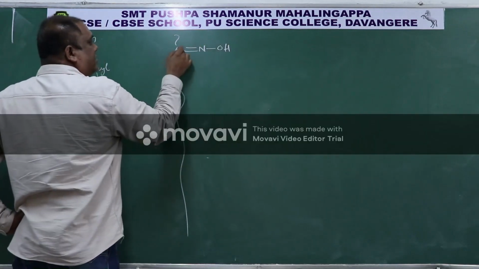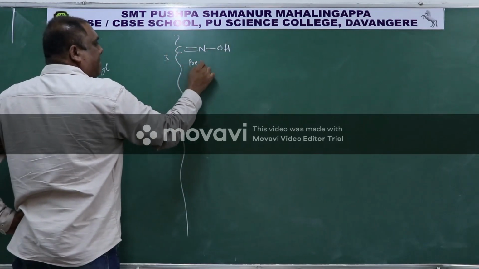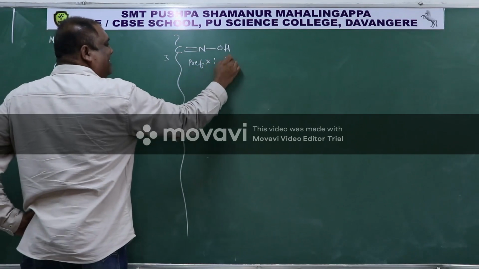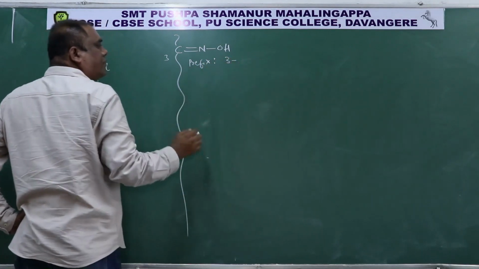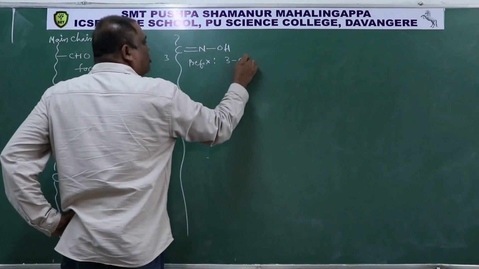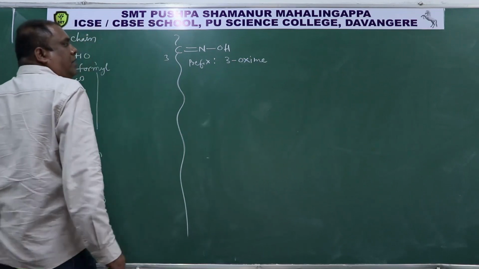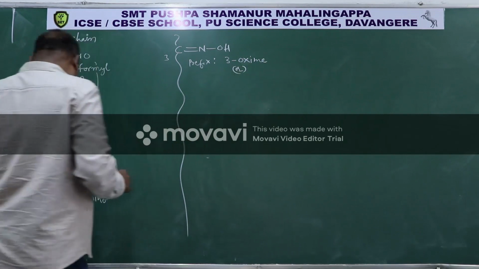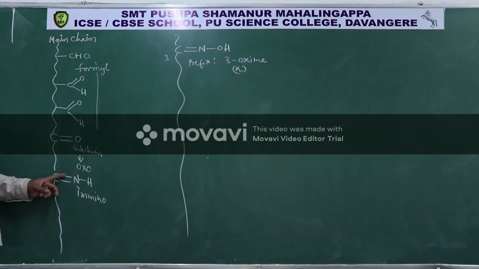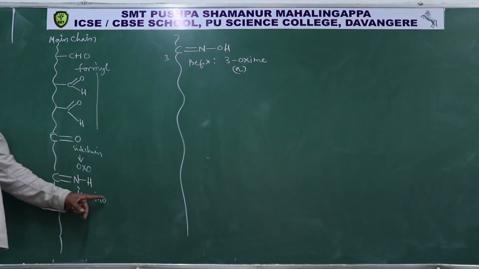So say this is carbon number 3, then the prefix is written as 3-oxime, or it is written as, say, C double bond N, and the double bond N is the side chain. Then the side chain name is imino.